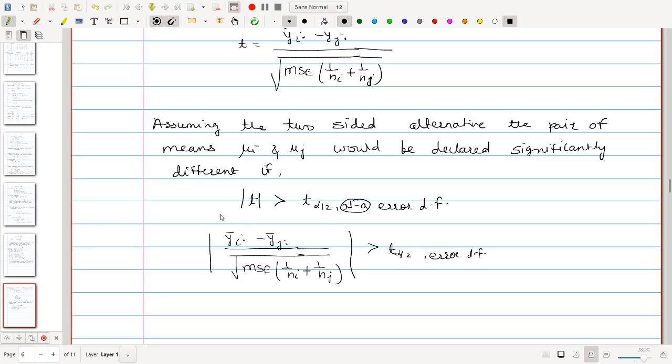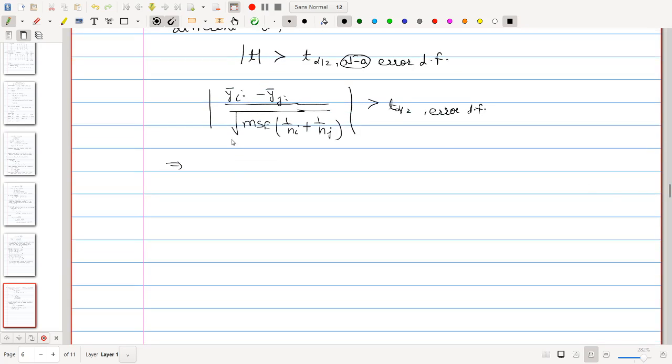Now MSE is always greater than 0, and ni and nj are also greater than 0, so there is no need to write mod for the denominator quantity. I can write mod only for the numerator: y bar i dot minus y bar j dot.